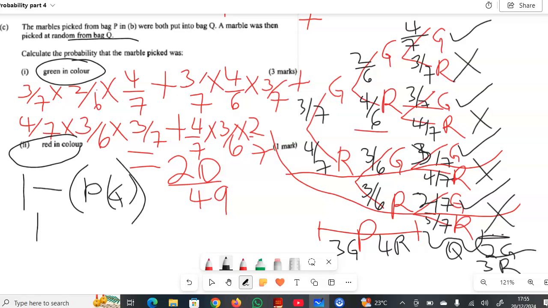So this is going to be 1 minus 20 over 49, which should be 29 out of 49.